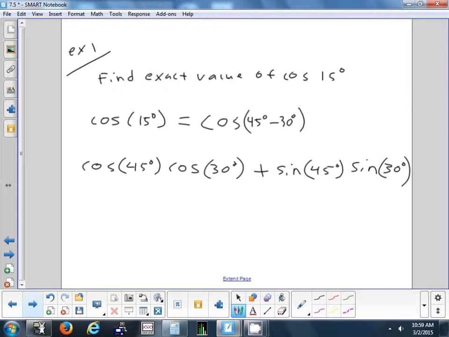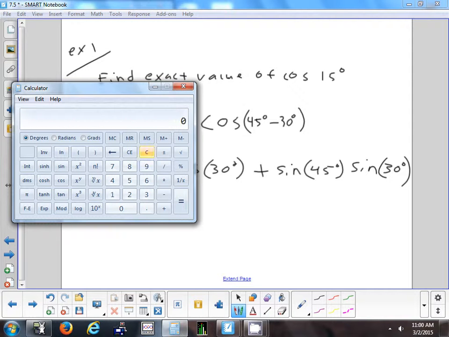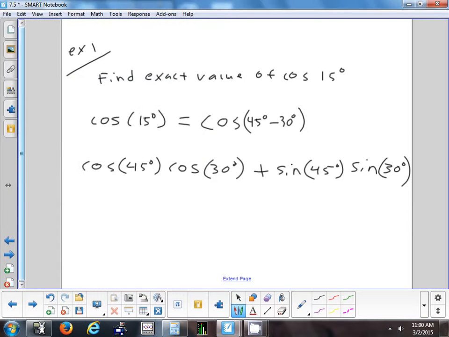Each one of those is going to be an answer we should recognize. If you don't have them memorized, we can use a calculator, type it in, get the decimal, and then hopefully we recognize it from there. The cosine of 45 is 0.707. Anybody recognize what fraction 0.707 should be?